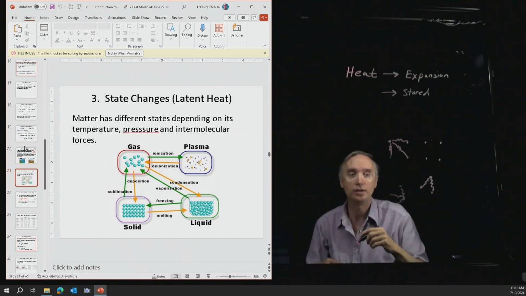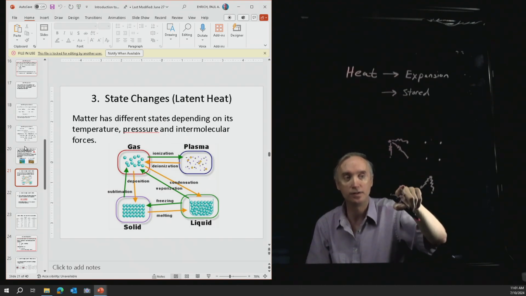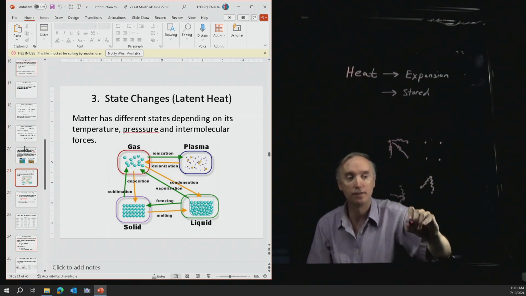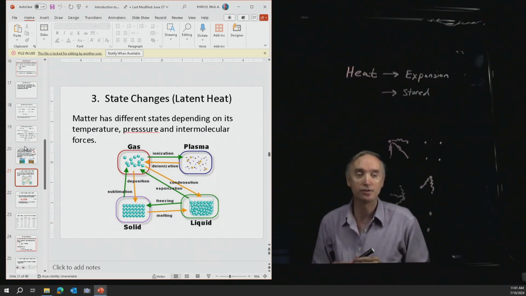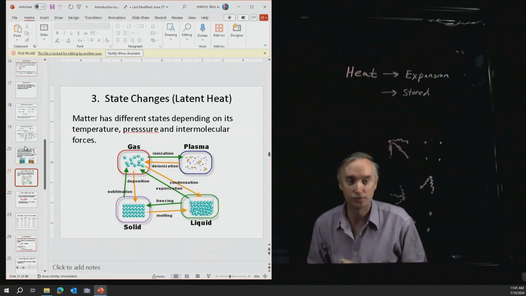And then if we continue to add heat to it, then eventually these individual springs are going to break down, and then you're just going to have isolated atoms and molecules. And then that is going to be a gas. And then you can still add even more heat to it.